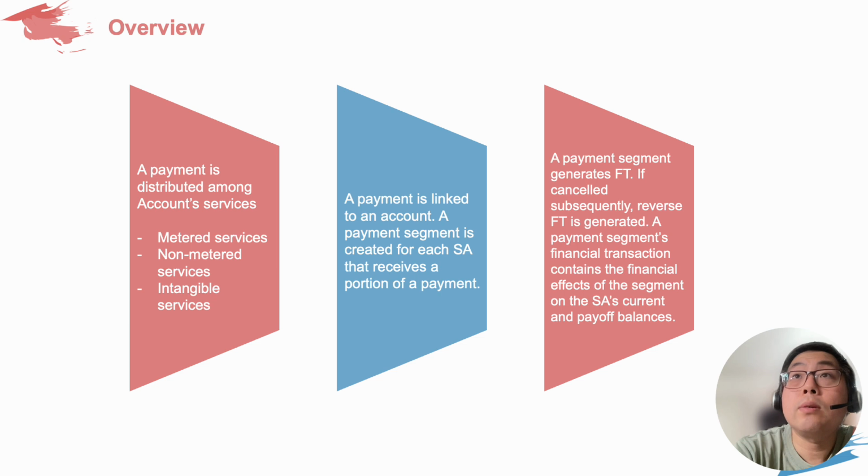If cancelled, subsequently a reverse FT is generated. A payment segment's financial transaction contains the financial effects of the segment on the SA's current and payoff balance, which is true.